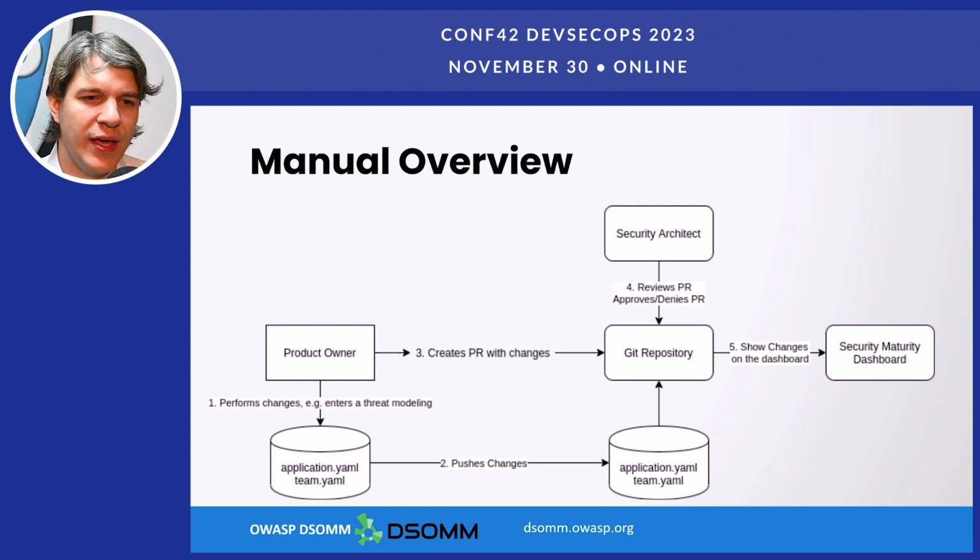So for example, hey, I read all the needed security policies and I confirm it in the YAML file. Then the product owner pushes these changes to the repository, creates a pull request, and then a security architect could review these changes, approves or denies it, and then see changes are reflected in case the pull request is accepted.